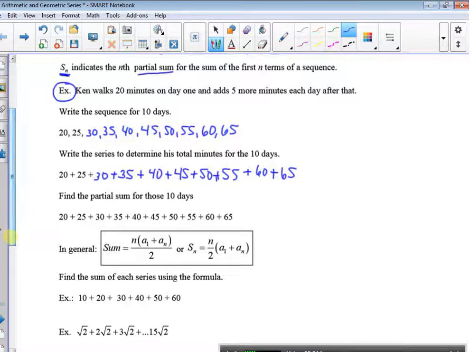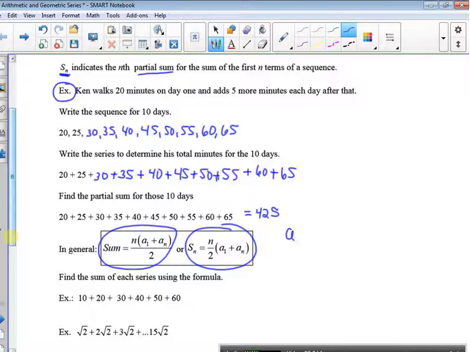Okay, so find the partial sum for those 10 days. So if you just add it up, I believe you get 425. There is a formula that you can use when it gets a little harder than just adding up these 10 numbers. And that formula is the sum, or S sub n, equals n times a sub 1.